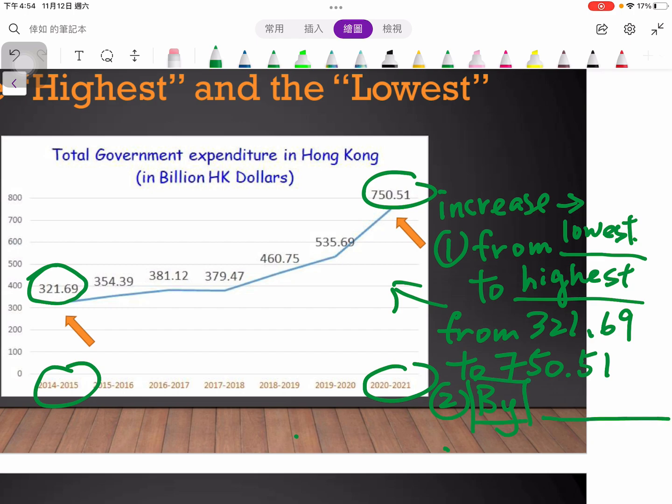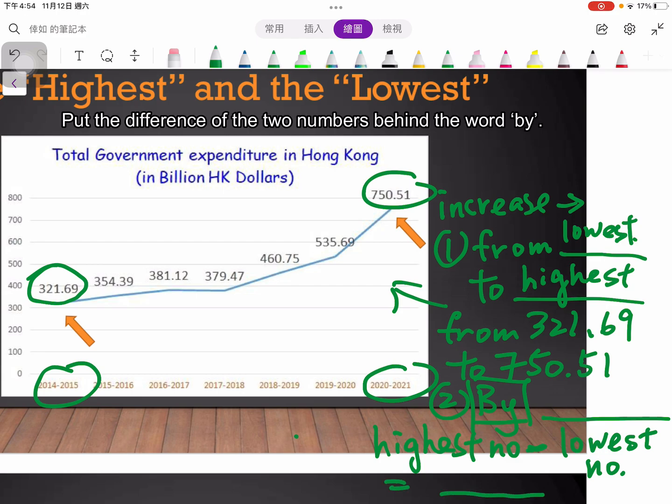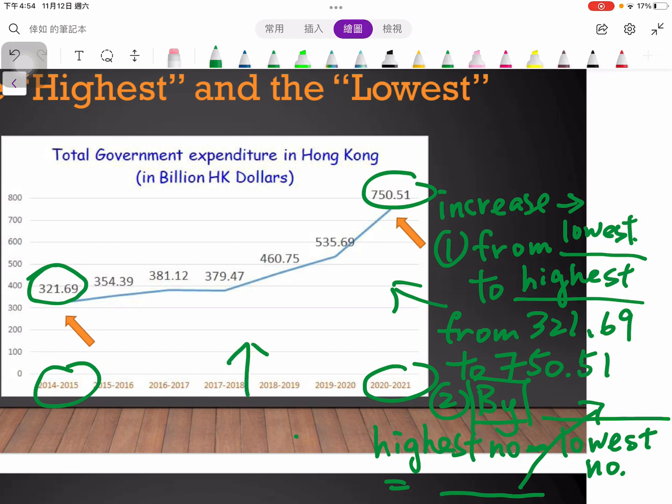When we talk about by, that means you use some calculation here. You have to calculate the highest number minus the lowest number, and you find the answer, and put it back behind the word by.